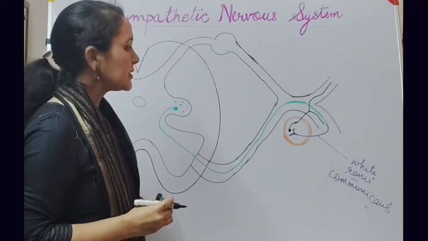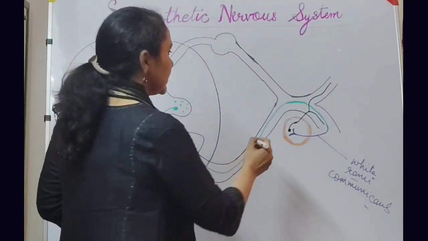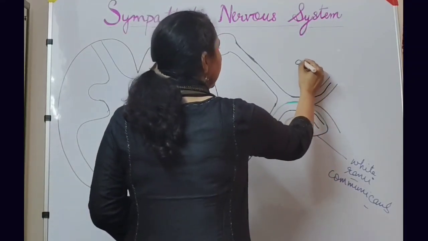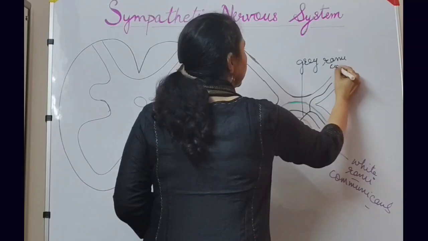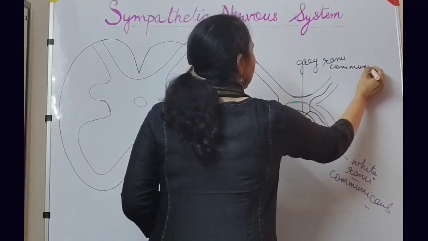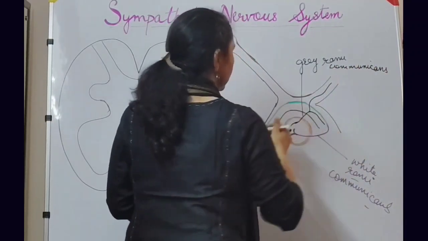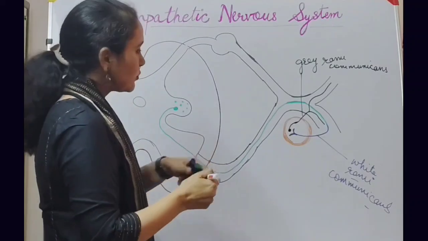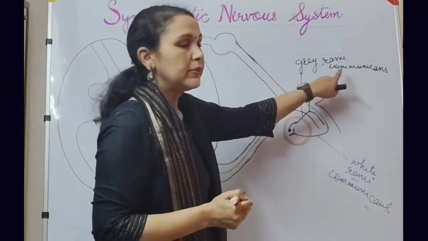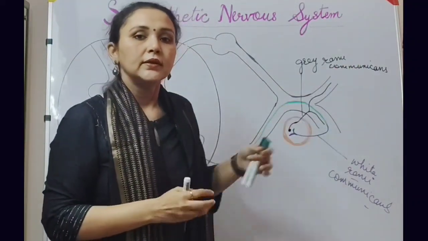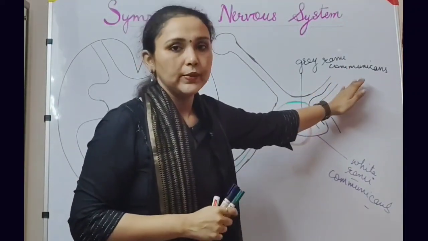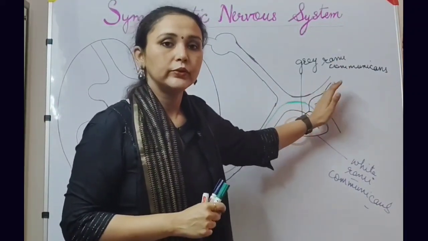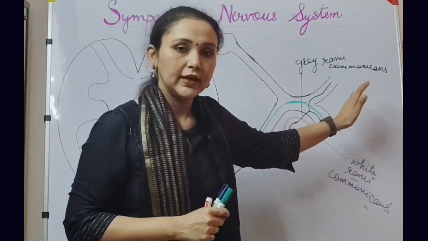So basically this is the gray rami communicantes. Now these postganglionic fibers will be distributed to the target organs and they will travel through the blood vessels.